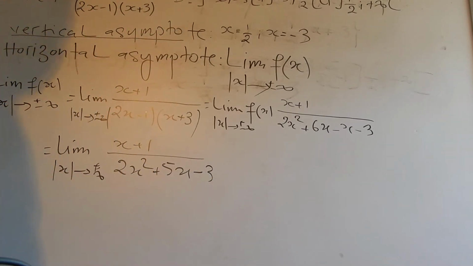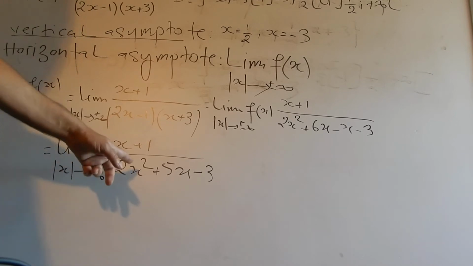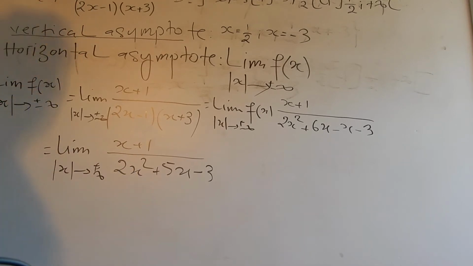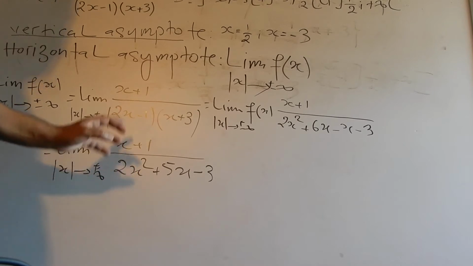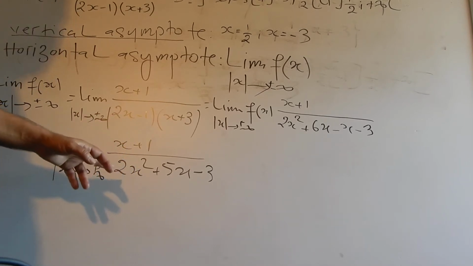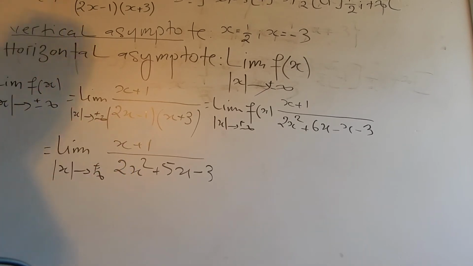As we can see here, 2 is the highest exponent of x. So I'm going to divide both the numerator and the denominator by x squared.